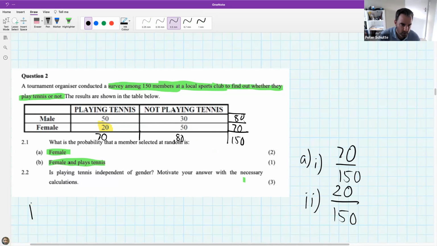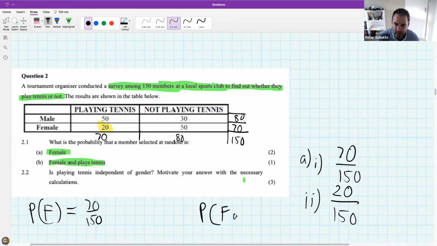We know the probability of being female from the sample is that. We know the probability of being female and playing tennis was 20 out of 150. What would we really like to figure out still to help us to check this?